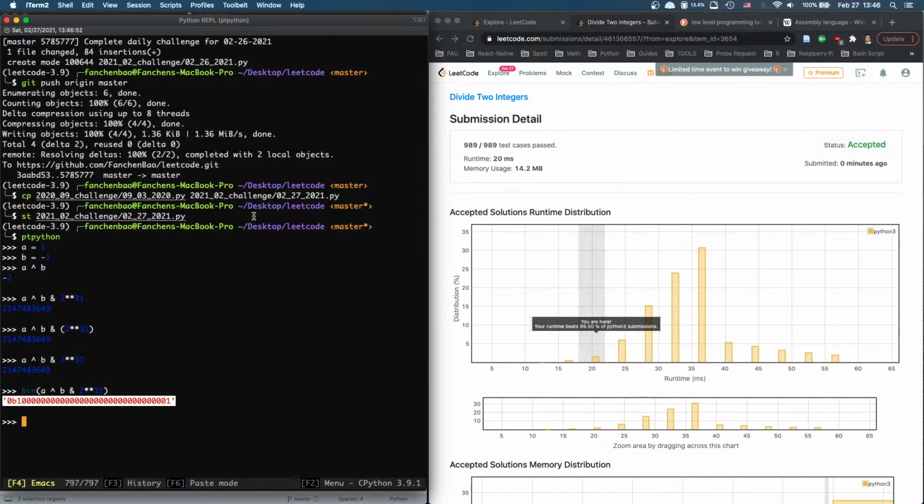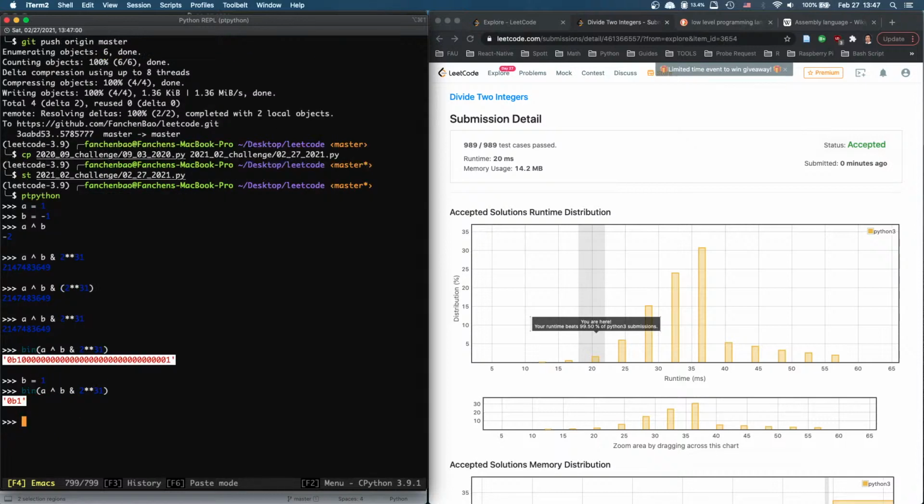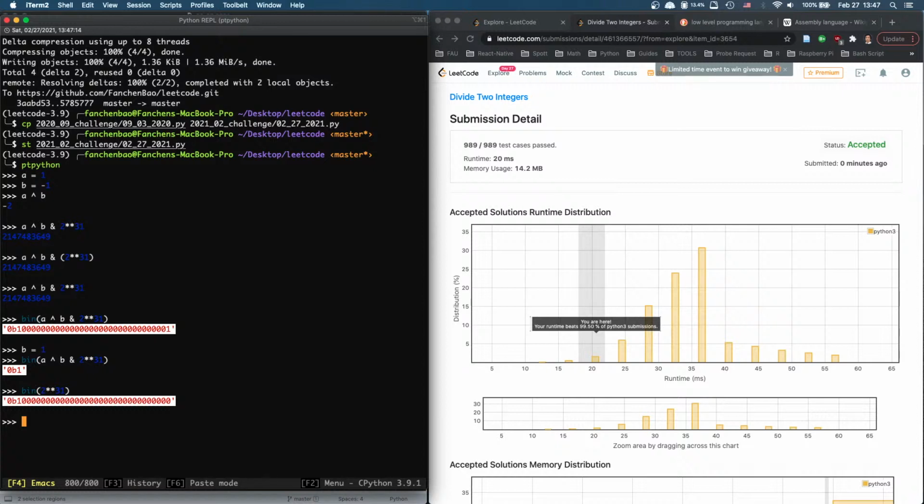And because that's so okay. So what if I do B is also 1? This shall give us... Why is the end? Hold on. I thought we clear everything. Yeah, we clear everything, right?